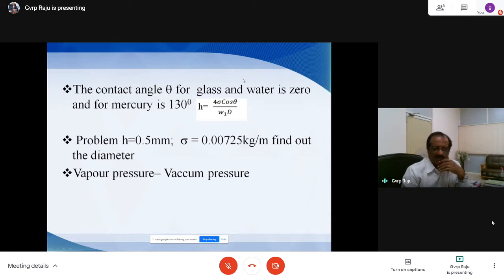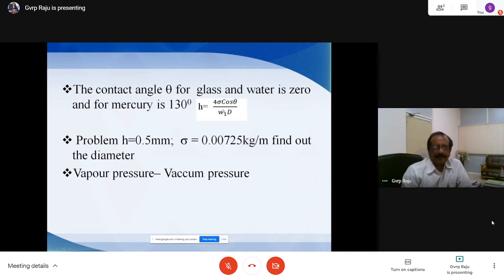If it is water, you can take 1000 kg force per meter cube. In SI system, the specific weight of water is 9810 Newton per meter cube, or 9.81 kilonewton per meter cube, and in MKS system 1000 kg force per meter cube.